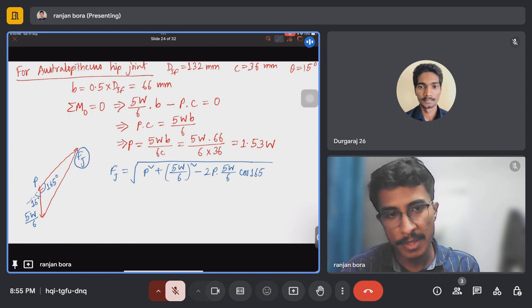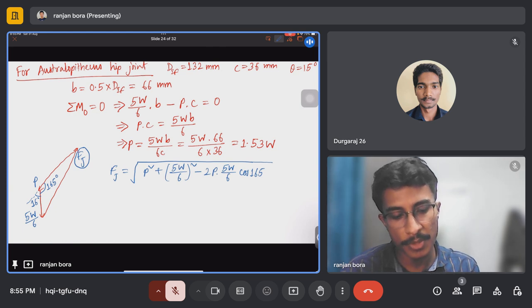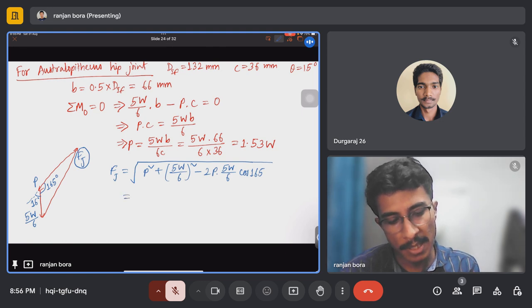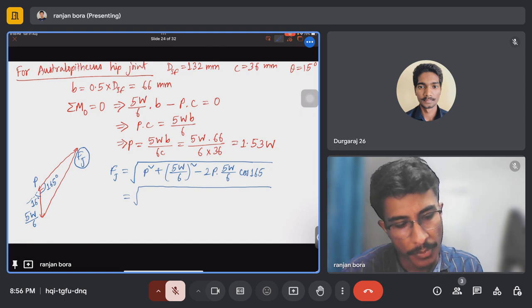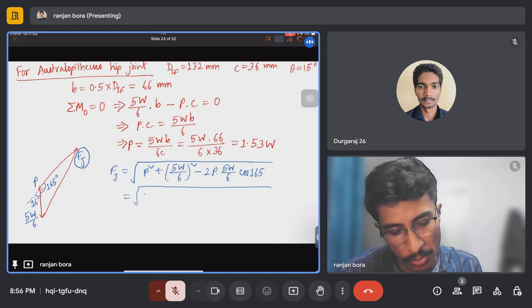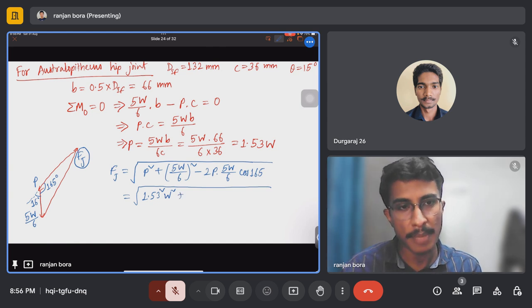If there is a force triangle and two forces are known to us, then we can find out the resultant because of those two forces using this formula. So now we can substitute the value of P. The value of P is 1.53 square W square plus 5 by 6.